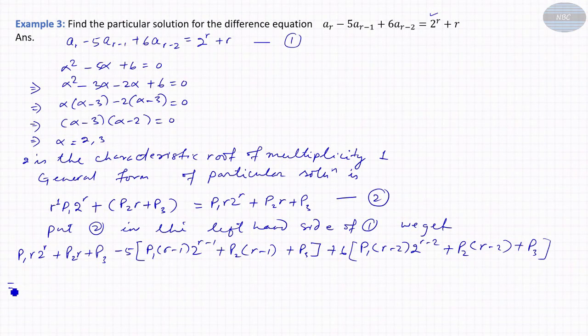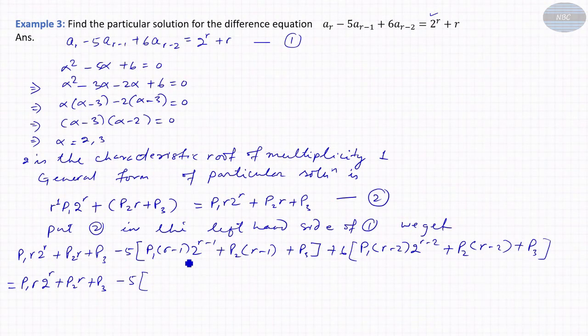So it can be written as p1 r 2 to the power r plus p2 r plus p3 minus 5.